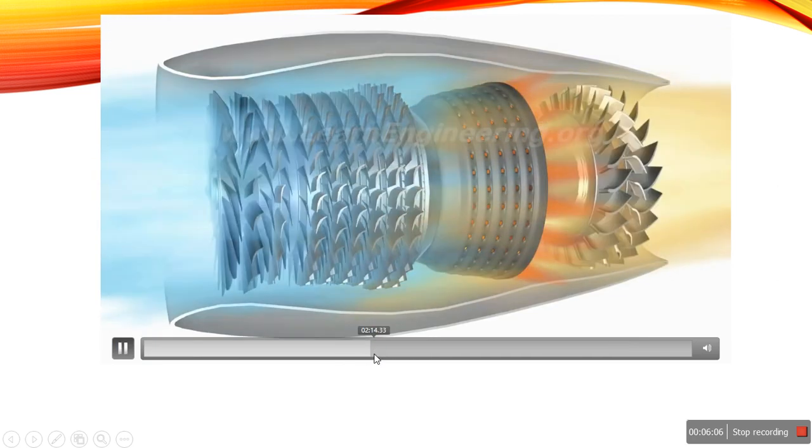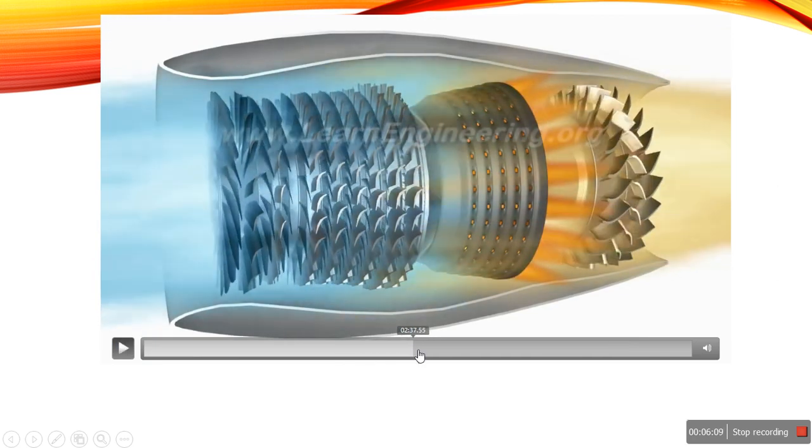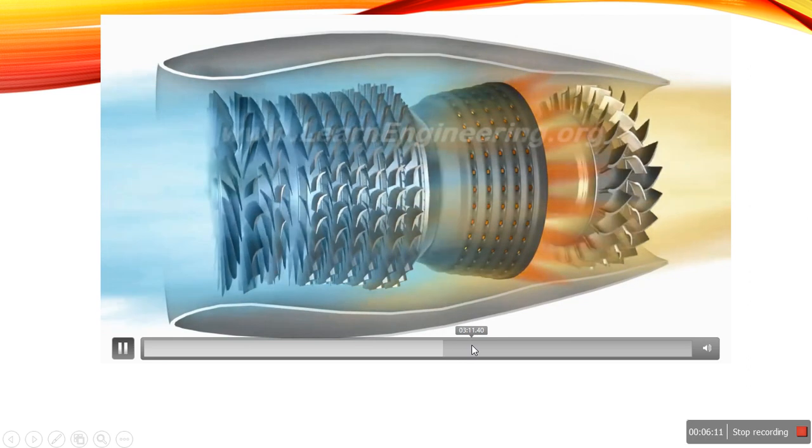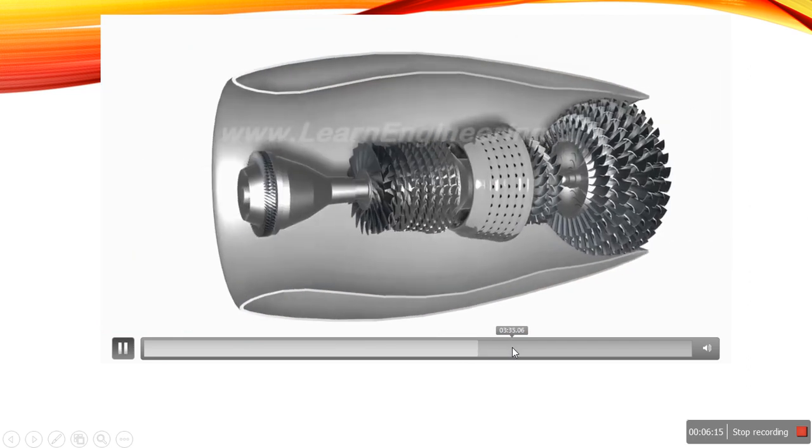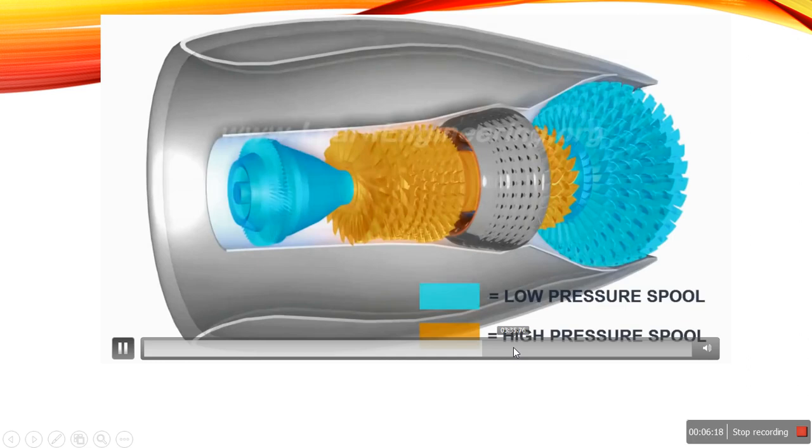Further, this shows how it works and how it produces thrust force. The compressor and turbine are coupled to each other.